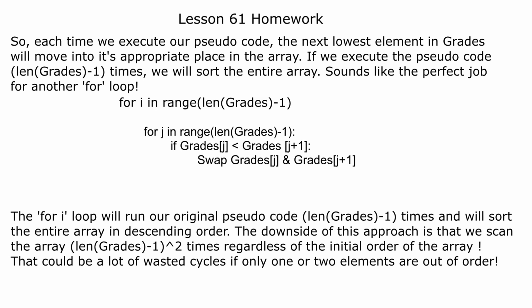The for-i loop will run our original pseudocode len(grades) - 1 times, and will sort the entire array in descending order. The downside of this approach is that we scan the array (len(grades) - 1) squared times, regardless of the initial order of the array. That could be a lot of wasted cycles if only 1 or 2 elements are out of order.